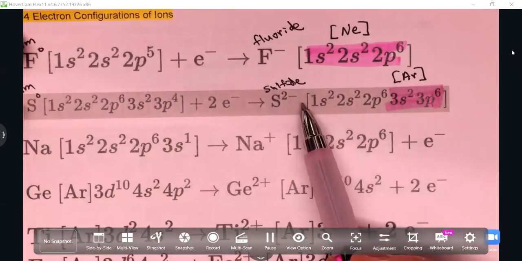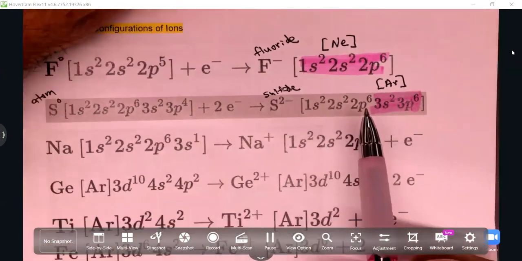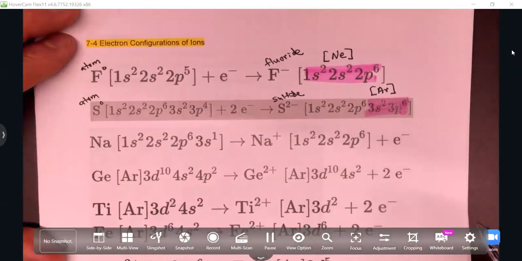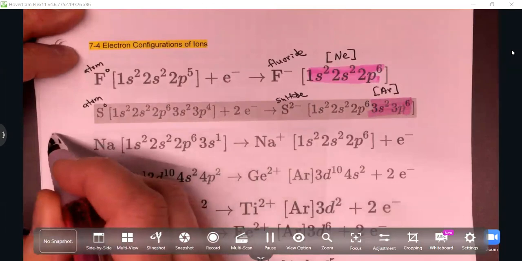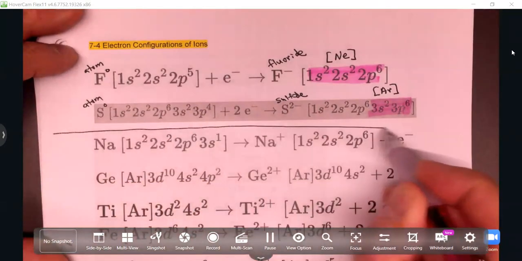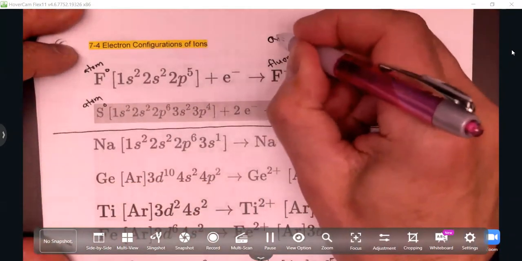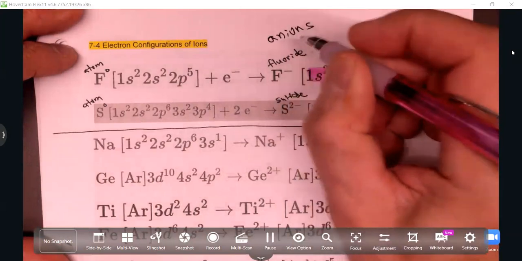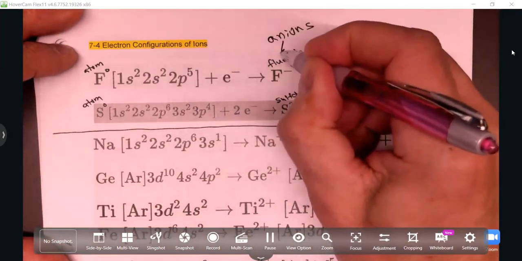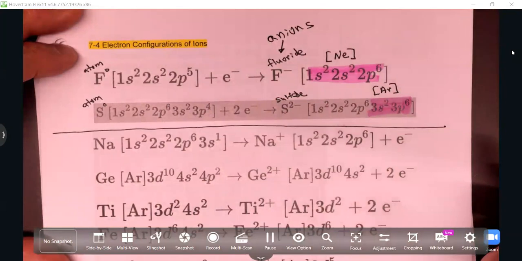Sulfide gains 2 electrons. Negative anions.